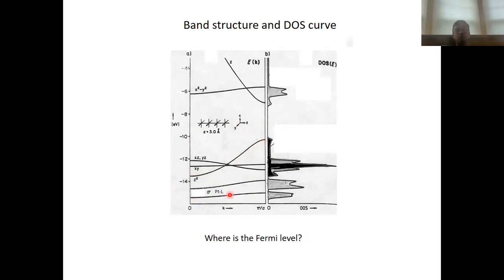Okay, so this means that all these bands here would be filled, and all these bands here underneath, also those that would resemble the platinum ligand sigma bonds, of course. Okay, but everything above would not be filled. So the dx square minus y square would not be filled, and the 6pz band would also not be filled.